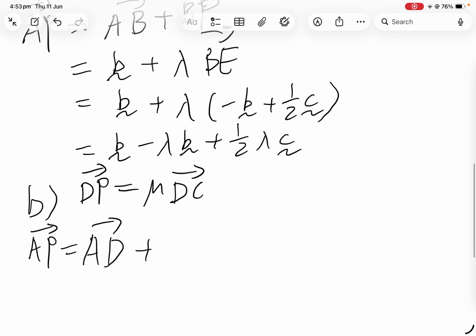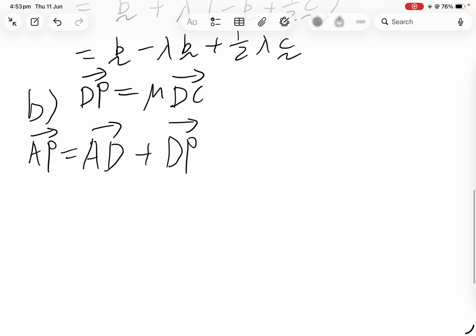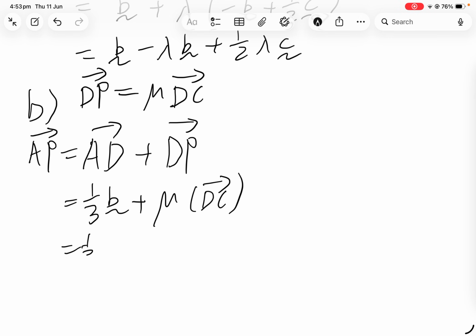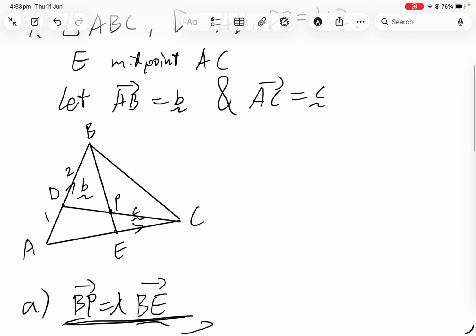So we want DP. And that leads us to 1/3 b plus DP, which is mu DC. What's DC?